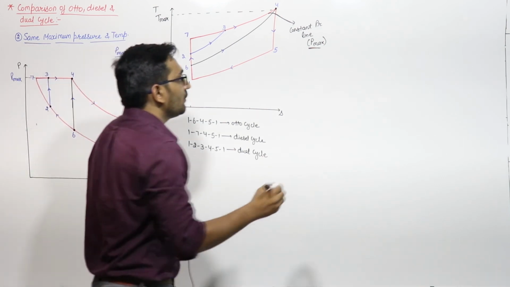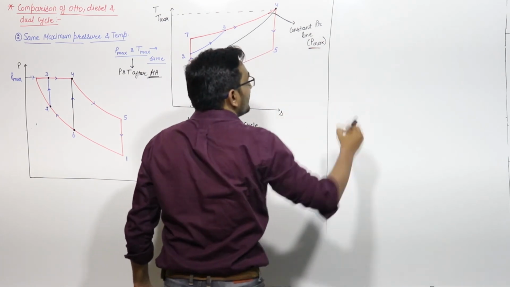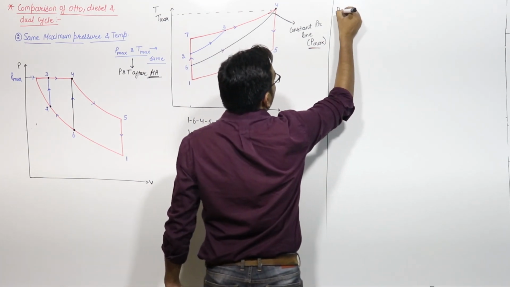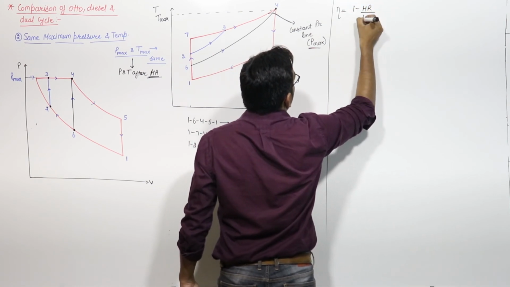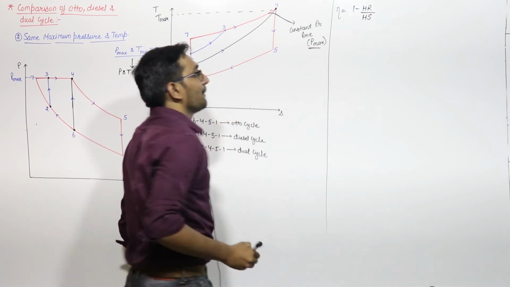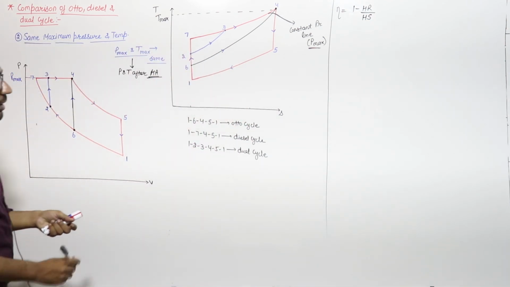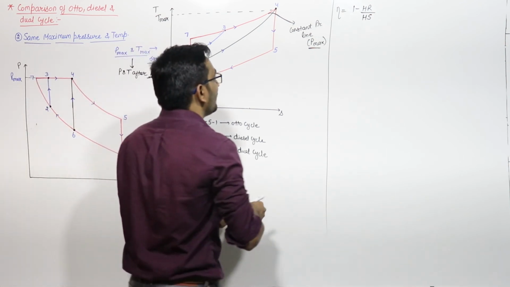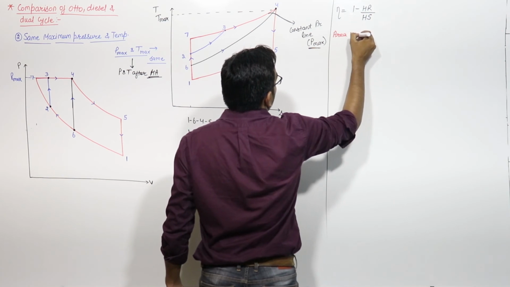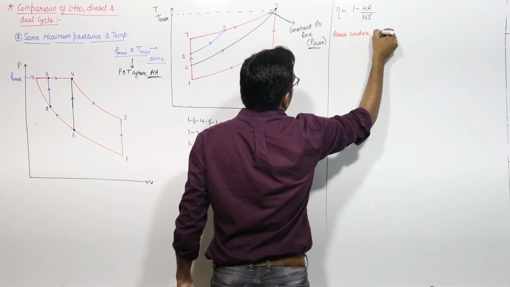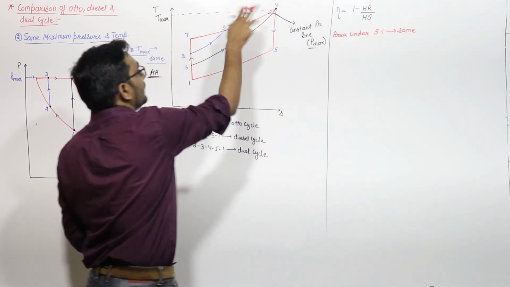Now we want to compare the efficiencies. So efficiency of any cycle will be equal to 1 minus heat rejected upon heat supply. From this diagram, you can say that the area under the curve 5 to 1 is the same for all the 3 cycles.